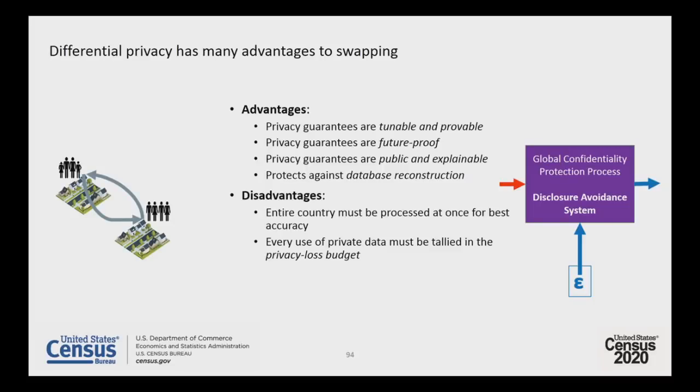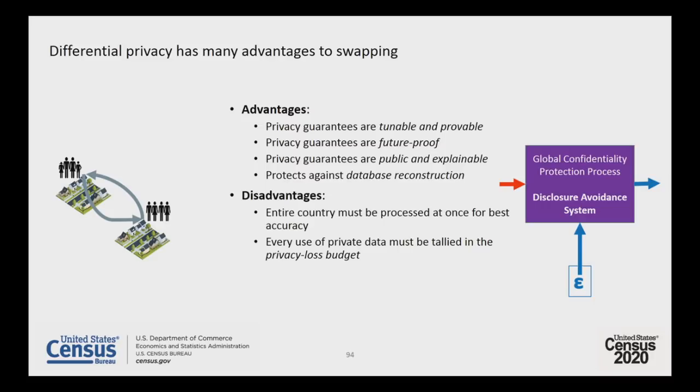There are many advantages to differential privacy compared to swapping. The first and most important is that the privacy guarantees are provable and tunable. Census leadership can control the privacy loss to balance the accuracy and privacy requirements, and we can mathematically prove that the amount of noise we are adding and the way in which we are adding it are sufficient to accomplish our goals.